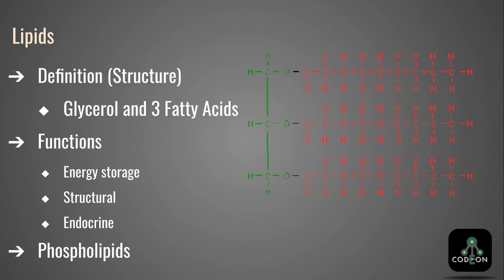And one very, very important lipid that you have to know is something called a phospholipid, which I'm sure that you guys have also heard about. This makes up the semi-permeable membrane lipid bilayer found on cells and also organelles. And this is essentially a glycerol, but there's also going to be a phosphate group involved.